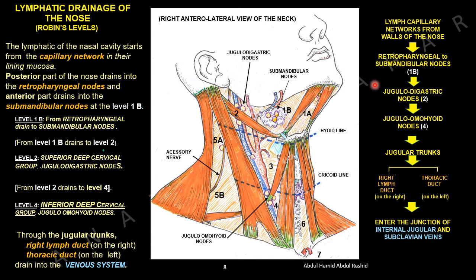From there they drain to the upper deep cervical nodes, also known as jugulo-digastric nodes, level 2, and from there to the lower deep cervical nodes, also called jugulo-omohyoid nodes, level 4, and finally through the jugular trunks, that is the right lymphatic duct on the right side and the thoracic duct on the left side, they drain into the junction of the internal jugular vein and subclavian veins. So finally they enter into the venous system.